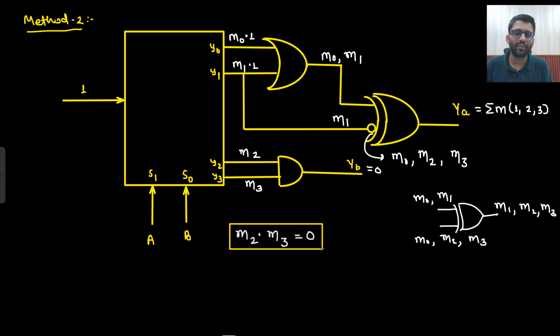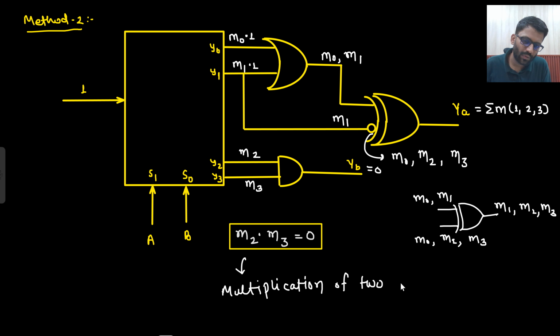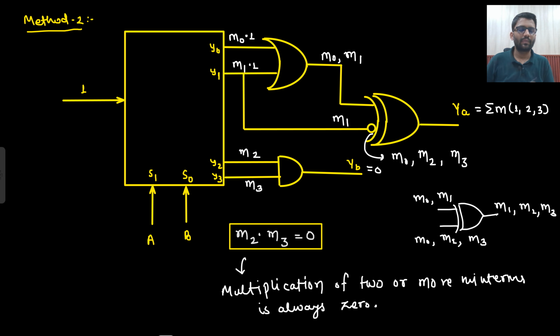Something very common, not very interesting: multiplication of 2 or more minterms is always 0. Do you remember? Addition of all the minterms is 1.